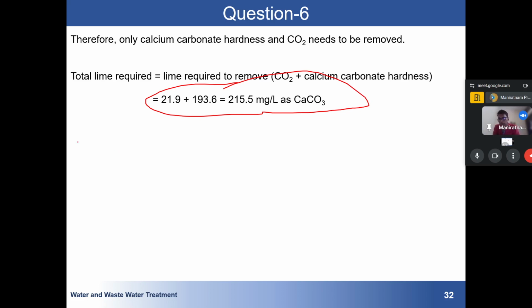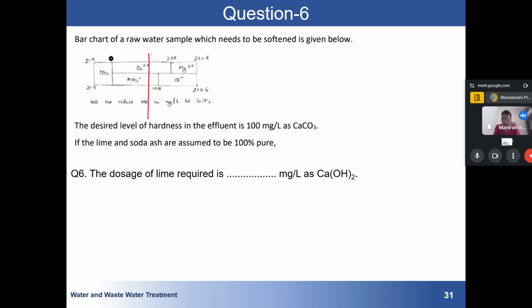So if you remember that concept, A plus B reacting and forming C plus D, the gram equivalent of A, B, C, D are equal. And remember, when we represent this thing as milligram per liter as CaCO3, it is representing equivalent.